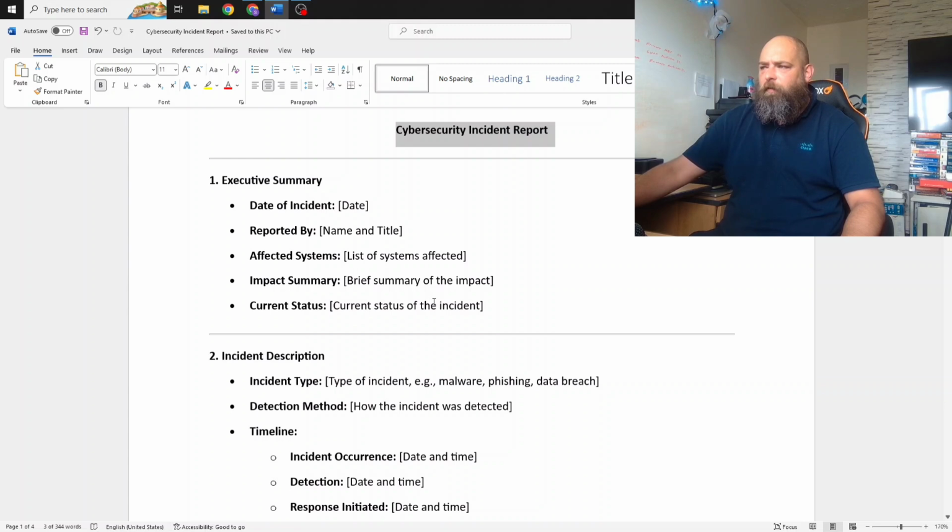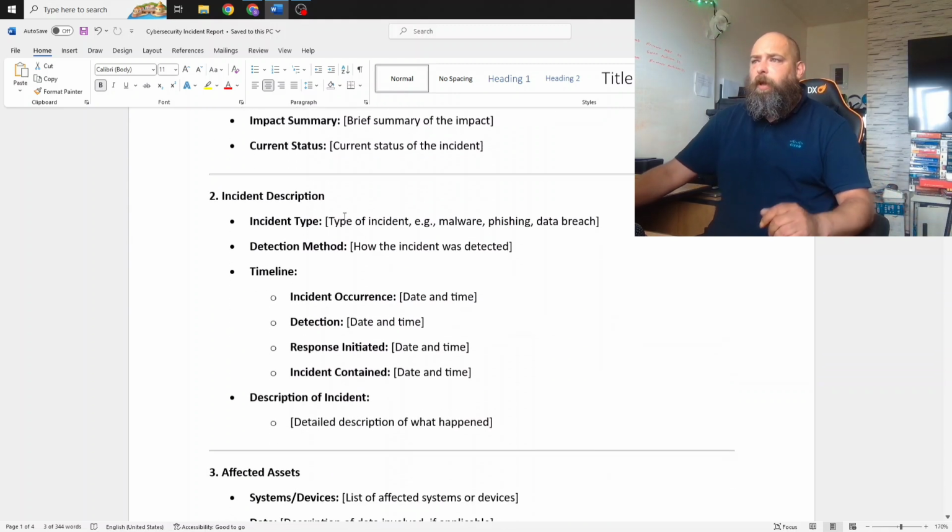Then the current status of the incident, such as whether or not it's one that's already happened or one that is ongoing.